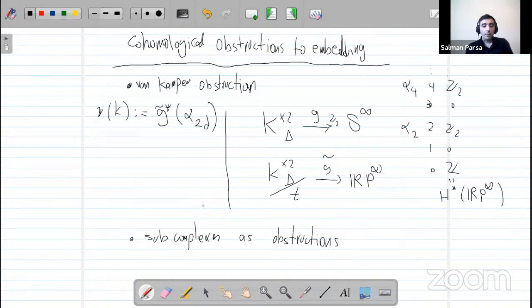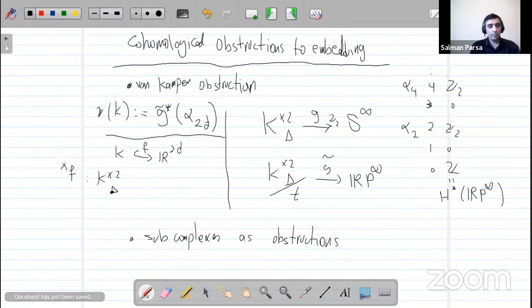Okay. So on the other hand, similar to what we did for the deleted join, whenever there is an embedding, then we have a map, let's say F cross, from the deleted product into the deleted product of R to the 2D, which is, yeah, we know what it is, right?